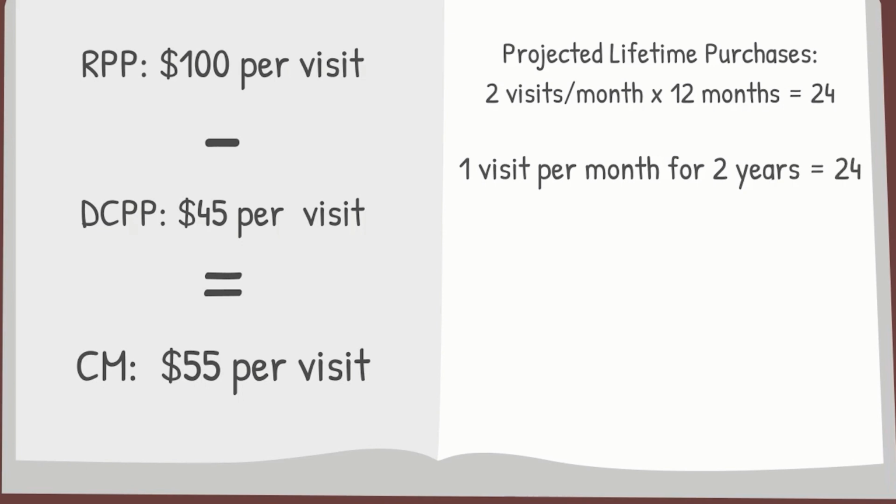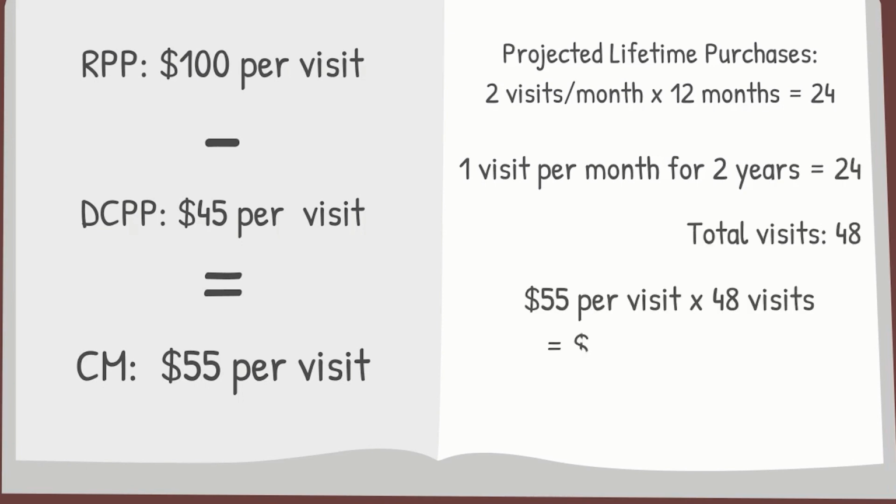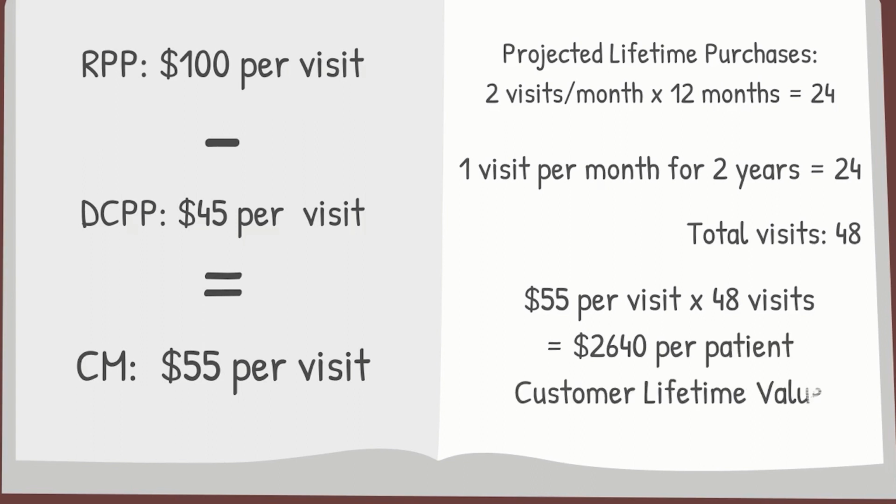So that tells us the customer lifetime value is $55 per visit at 48 visits, or $2,640 per patient. When you're determining your marketing budget, or an agency is sending you a proposal for some promotional work, now you have another way of determining what to spend.